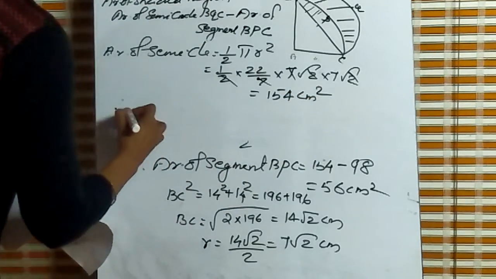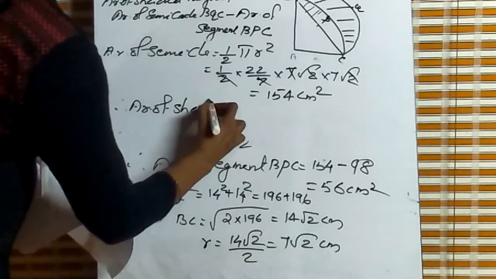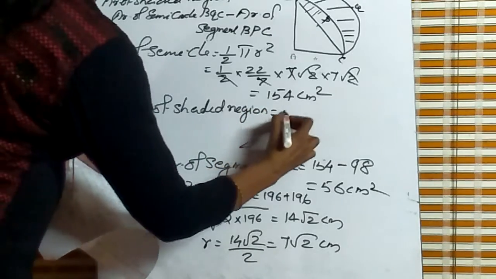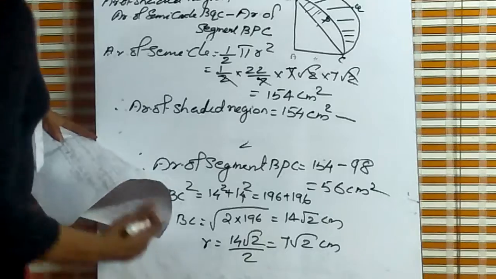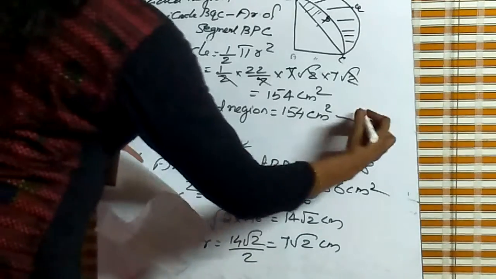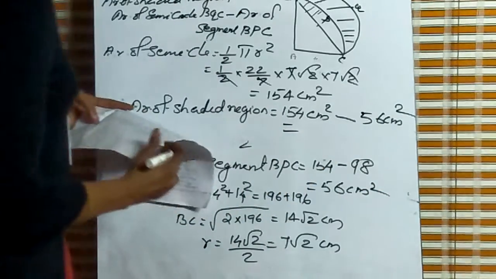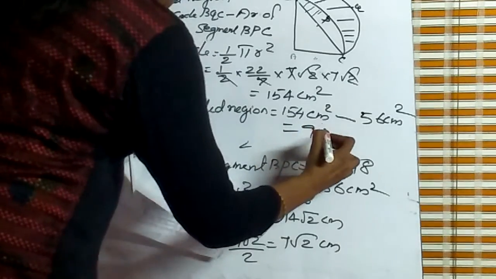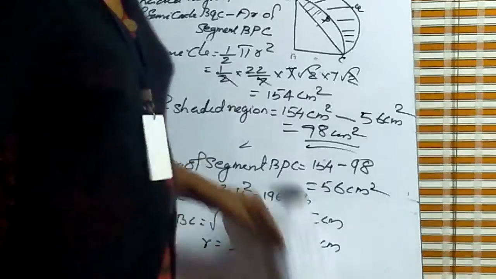Therefore, area of shaded region is equal to area of semicircle minus area of segment. Area of segment is 56 centimeter square. 154 minus 56 is equal to 98 centimeter square. Thank you.